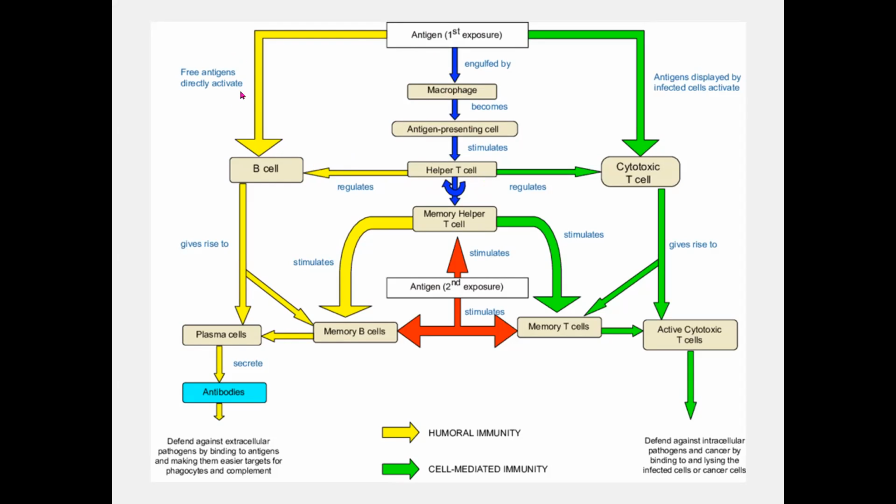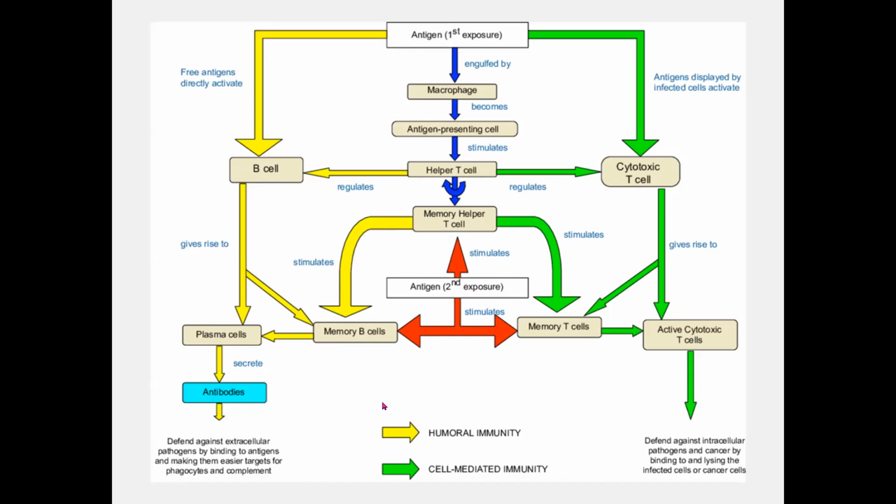This antigen can also directly activate a B cell, or the helper T cell with the antigen on its surface can get to the B cell. It goes into the plasma cells, produces antibodies. Here, the memory helper T cell stimulates a memory B cell, and then you get a secondary response.